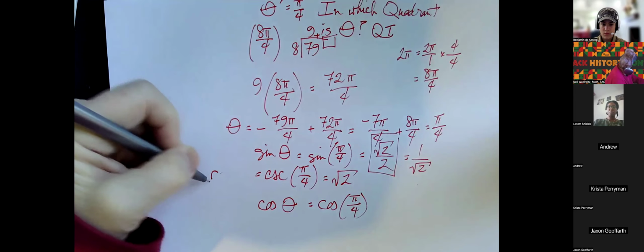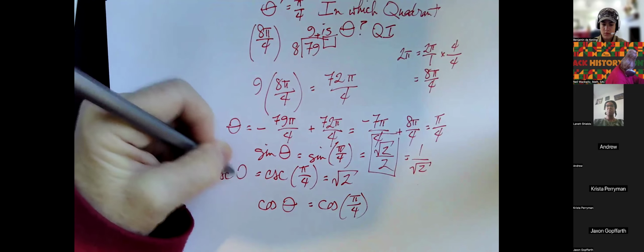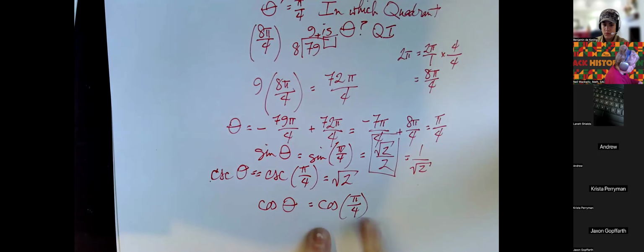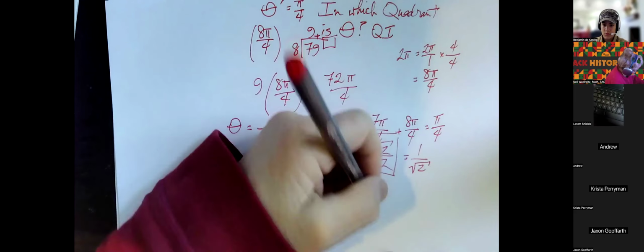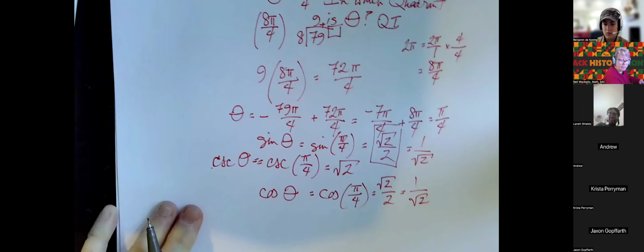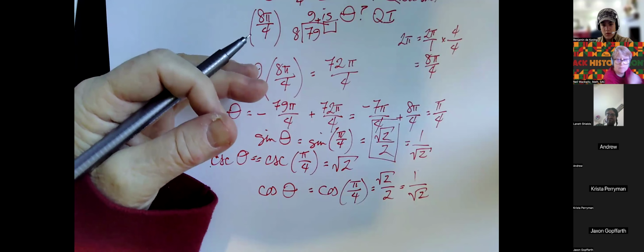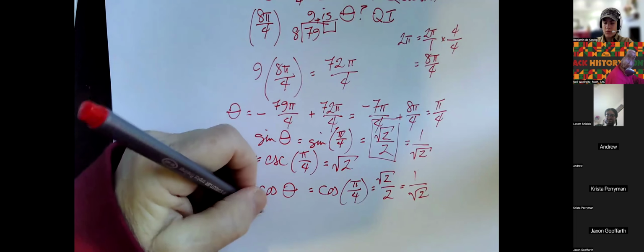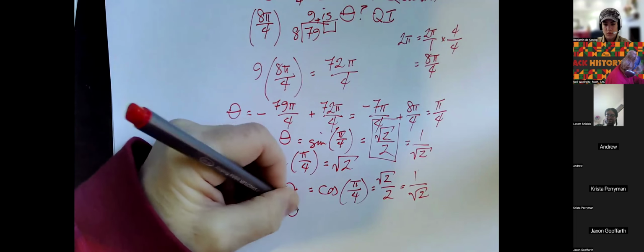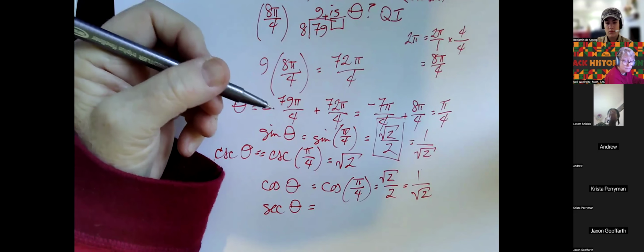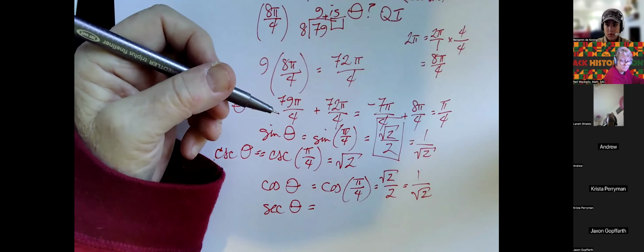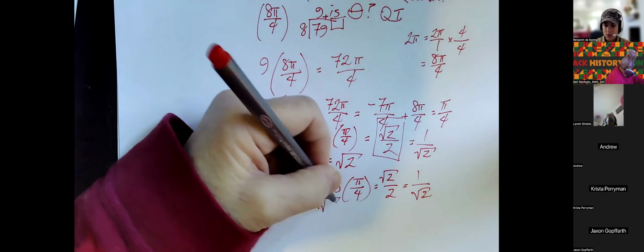And this is the same as the cosecant of theta. We know that cosine of pi over 4 is also square root of 2 over 2, or 1 over square root of 2. And that means that which one is the reciprocal of cosine? Secant. Good. That means that the secant of theta is square root of 2. Good.